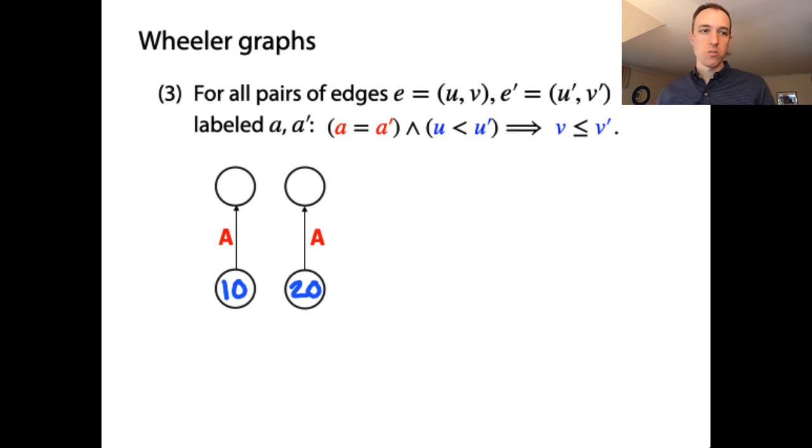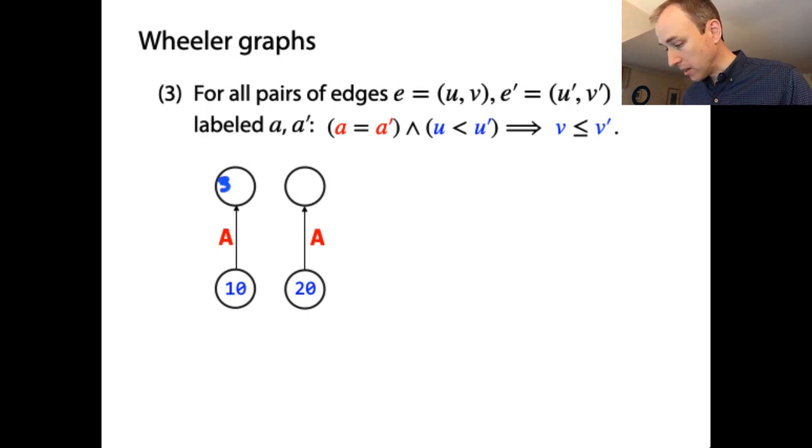Okay, so the source of the one on the left comes before the source of the one on the right. Well, that implies, just like rule 3 says, that the destination of the edge on the left can't come after the destination of the one on the right. So for example, it can come before.